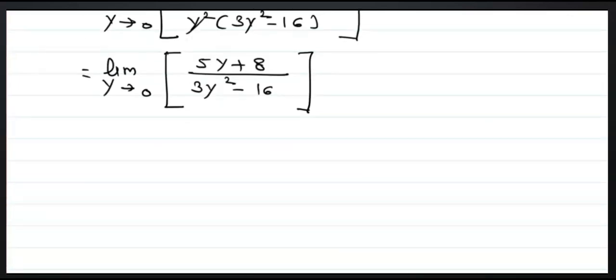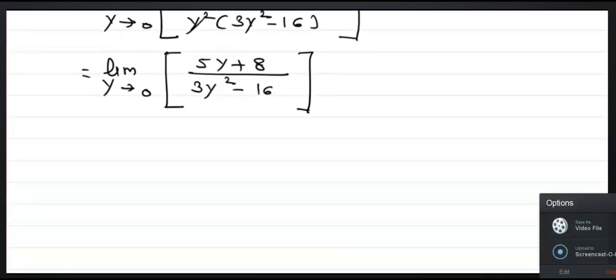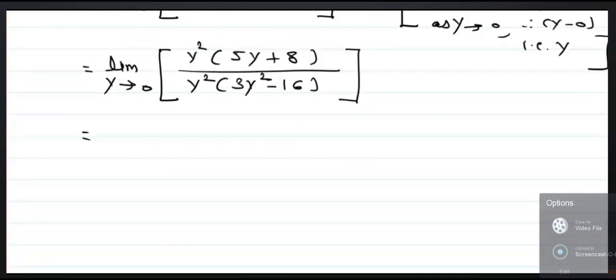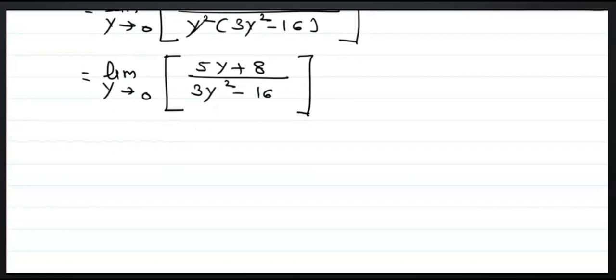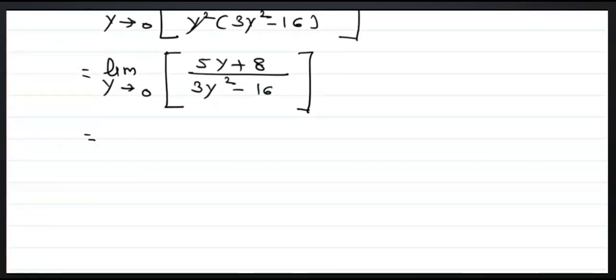Take the limit. We take the limit, then it gets cancelled. Again, you can see this. If you take the limit, then you will get the answer.